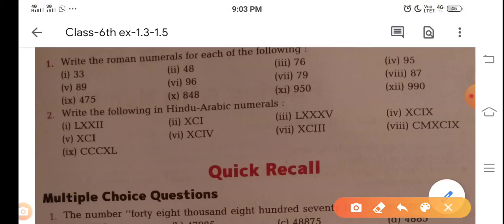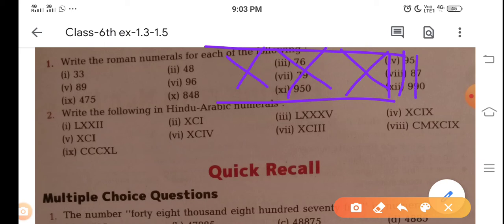Just like here, 33. How to write 33? If 10 is X, then X and X and X, that's your 30, and next for 33, I I I, that's your answer. Now 40. How to write 40?